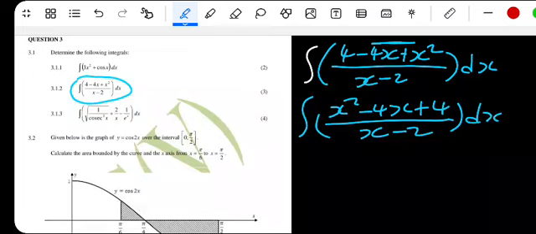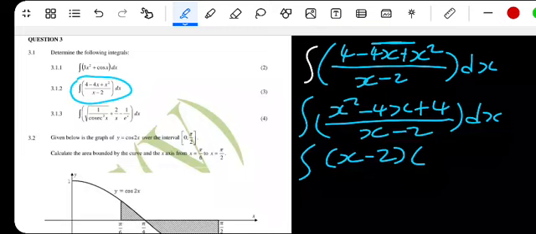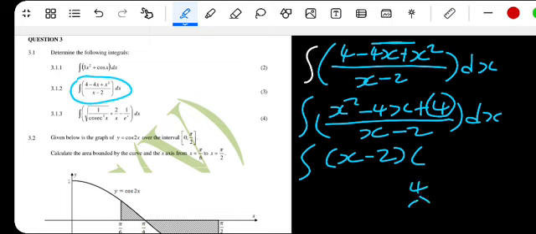So let us factorize the numerator. It will have x and x. The factors that multiply to give 4, we find the factors of 4. It is 2 and 2 again.